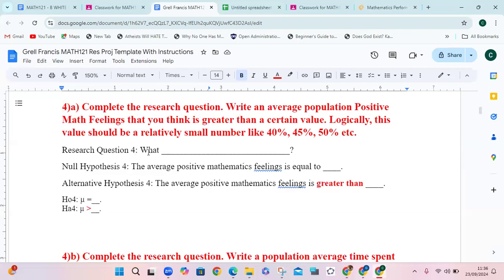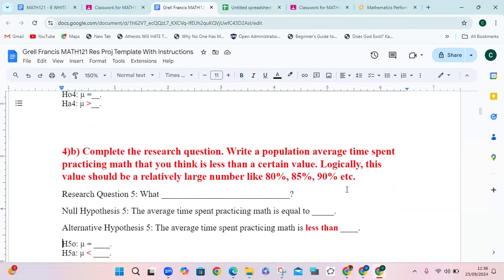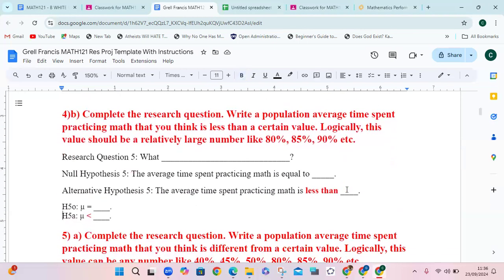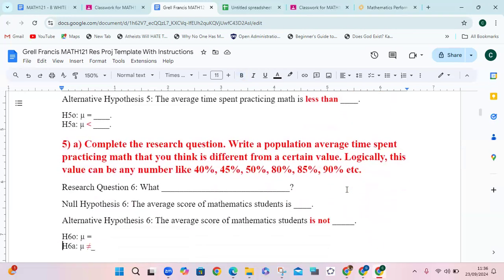Research question number 4 says what? The null hypothesis 4 is saying the average positive math feelings is equal to. The alternative is saying the positive math feeling is greater than. So alternative 4 is saying greater than, alternative 5 is saying less than, and alternative 6 is saying not equal.